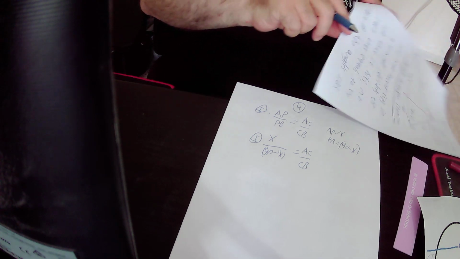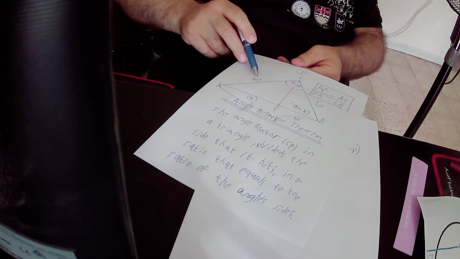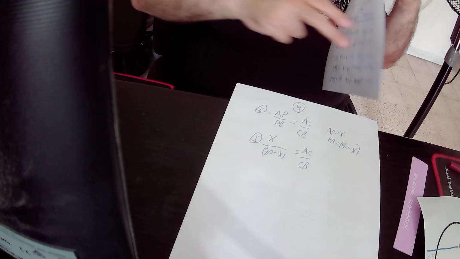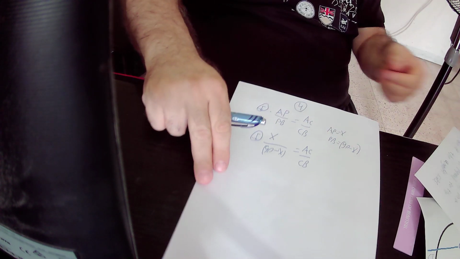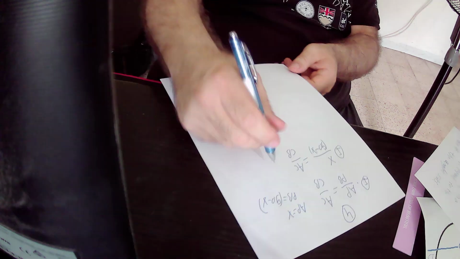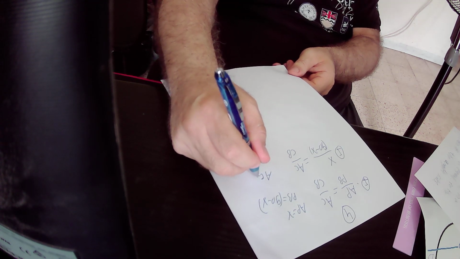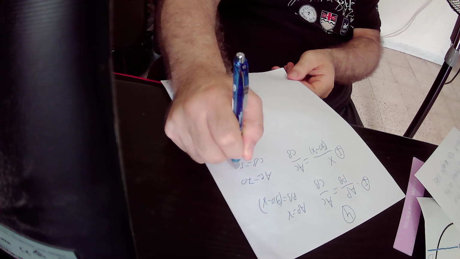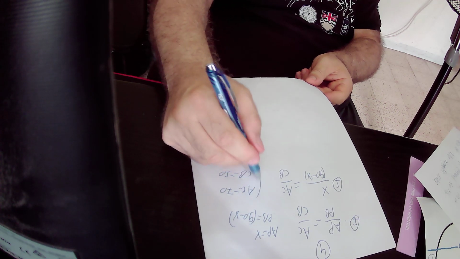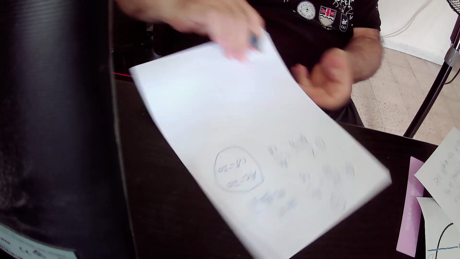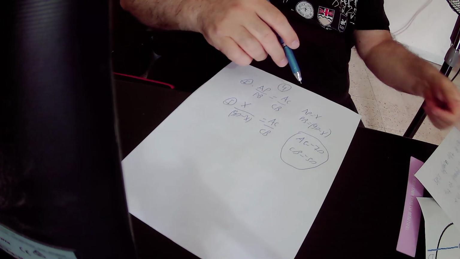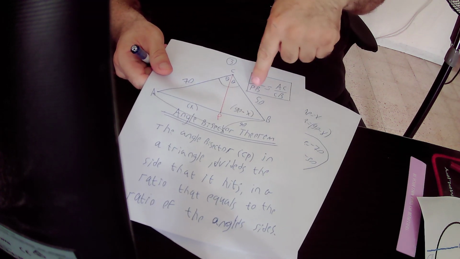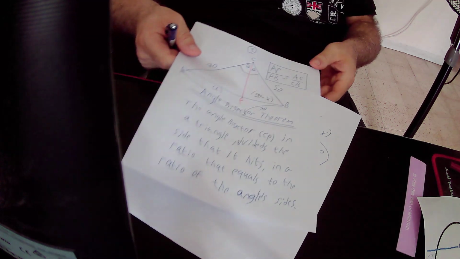We already know that AC equals 70 units and CB equals 50 units, as given in the question.